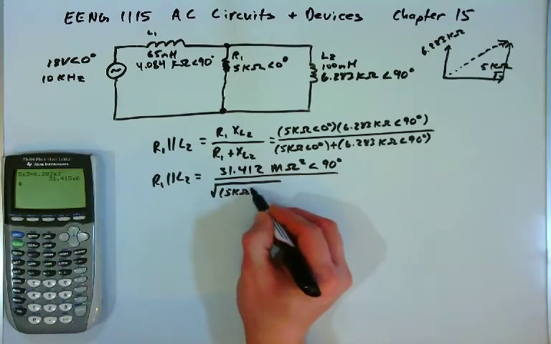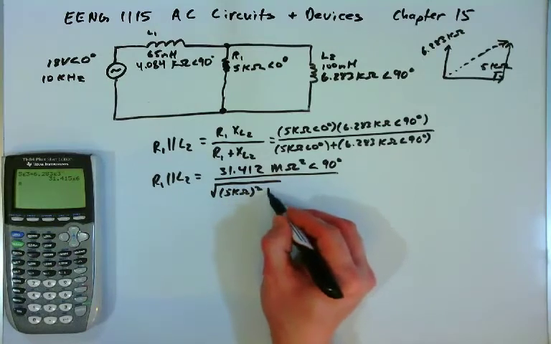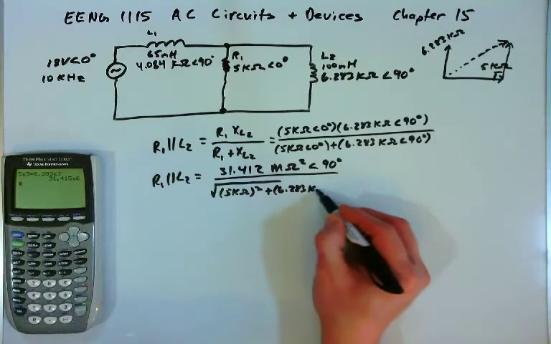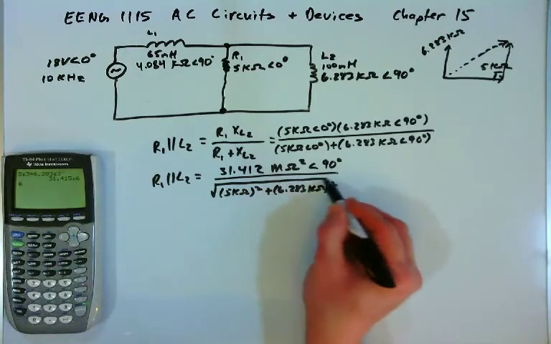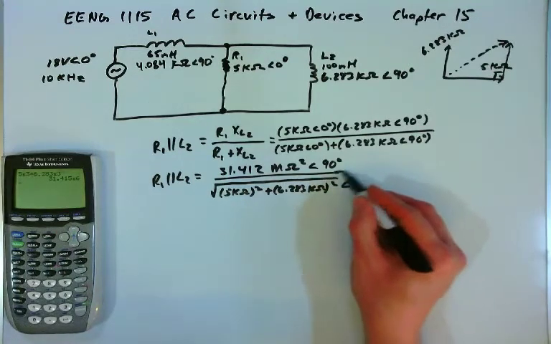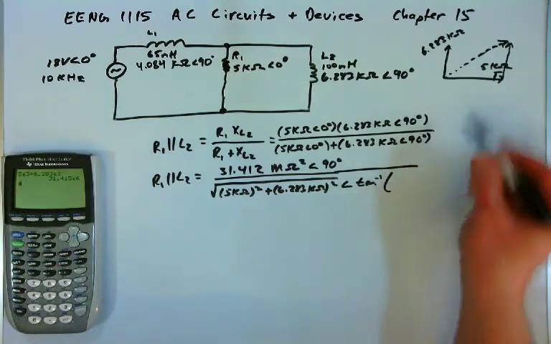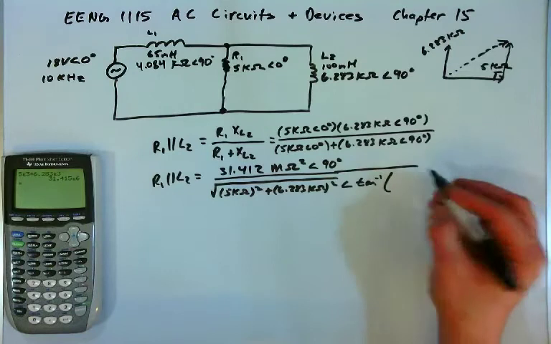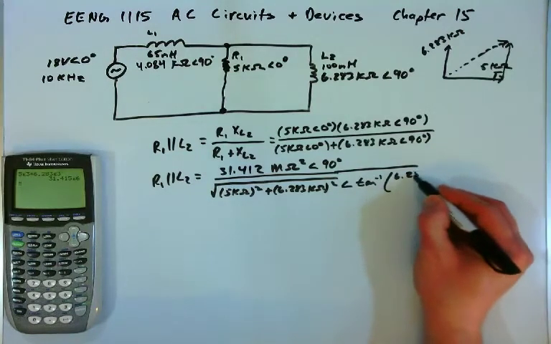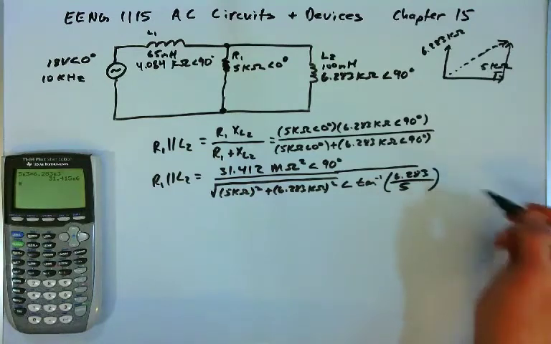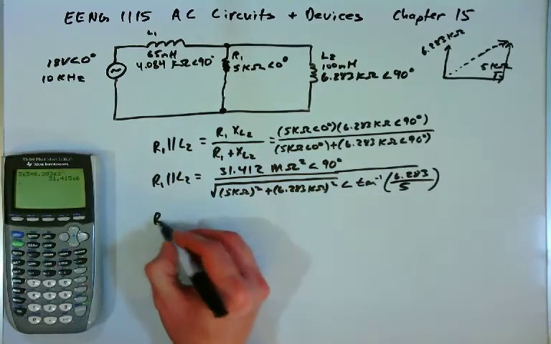We'll have 5 kilo ohms squared plus 6.283 kilo ohms squared. And the angle will be the inverse tangent of y over x. Y is positive because it's pointing up. 6.283, that's kilo ohms, divided by 5. That's also kilo ohms. The kilo ohms will cancel.